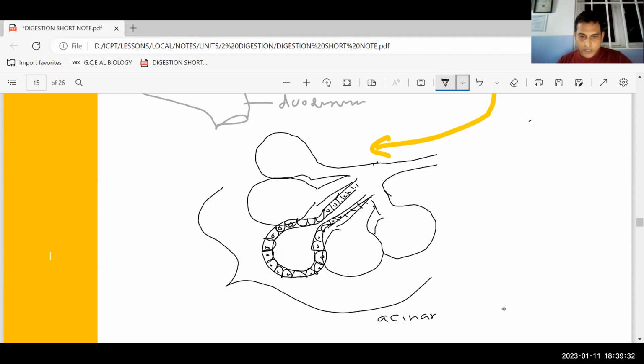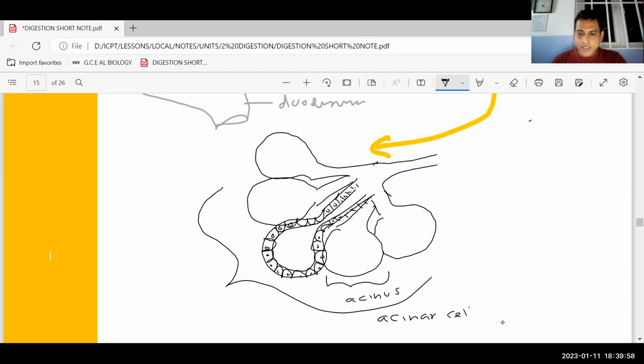So one unit, let's take only one unit. This is an acinus. So one unit is called an acinus, and when it makes a lot of these, it is actually called a lobule, right?